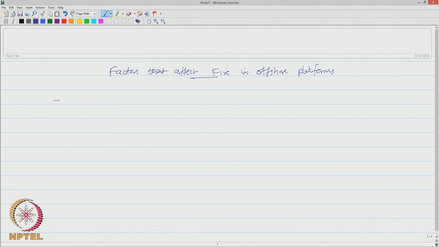There are many factors responsible for fire and explosion occurrence in offshore platforms. We now know that explosion and fire occur with ignition of the flammable mixture present in the offshore platform.